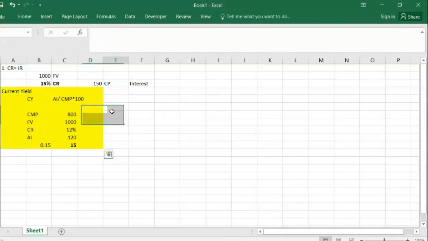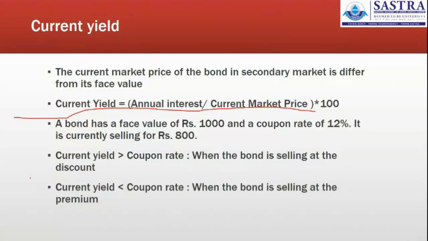So this is one thing. From this calculation, you need to know two important aspects. The current yield is greater than the coupon rate.